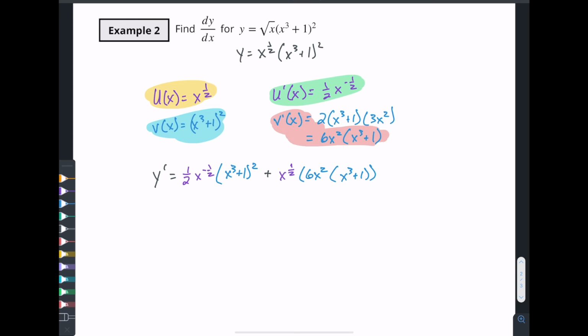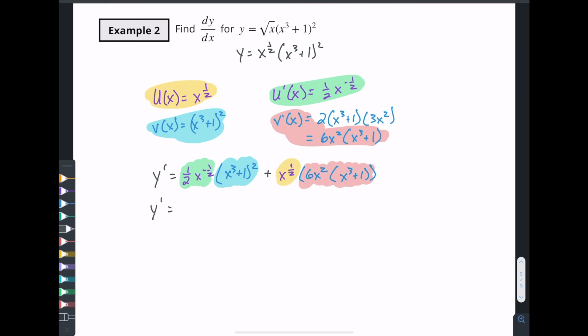Now we can see we're definitely going to want to do some distribution in here. Let's do our color coding. Here is our u of x, here is our v of x, our u prime, and our v prime is here.